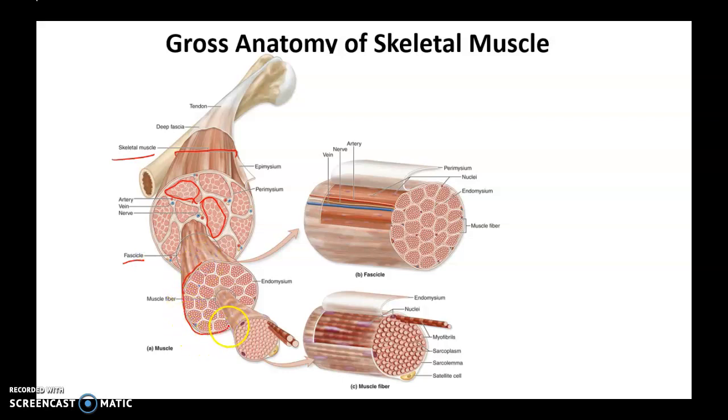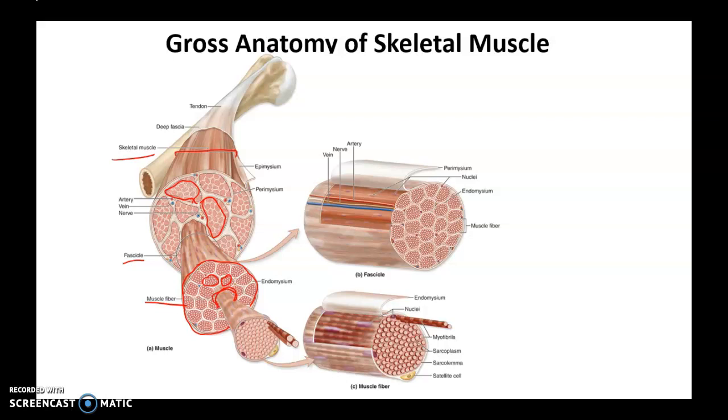This is a fascicle. If you zoom into a fascicle, it has these rod-like structures called muscle fibers. So we talked about the skeletal muscle, fascicle, muscle fiber.